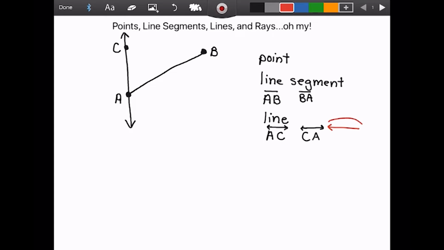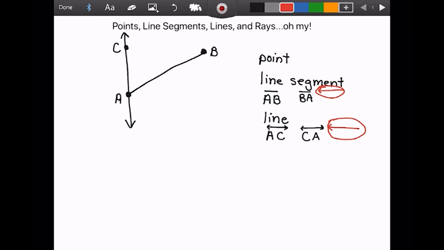Now it has 2 arrows on the ends, instead of just a line. That's because a line segment has 2 endpoints where it stops, and a line goes forever in either direction. It doesn't stop. It keeps on going and going forever straight. So that's the difference between those two.